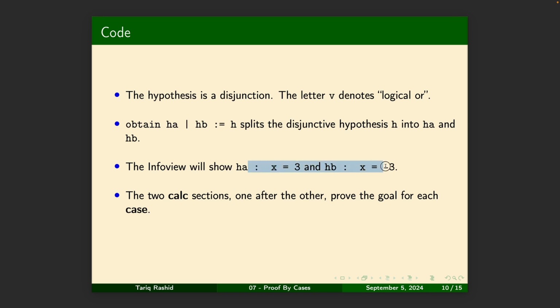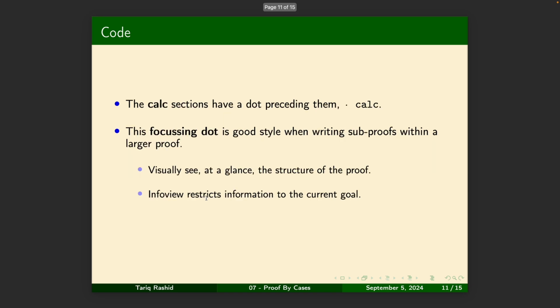The Infoview is really helpful for showing which of the cases we're currently trying to prove, and the calc sections are just as before. And we talked about the focusing dot, so it's visually useful to see at a glance what the structural proof is and where the subproofs are, and it also restricts information in the Infoview to the current goal, to the current subproof, and that's really helpful as well.